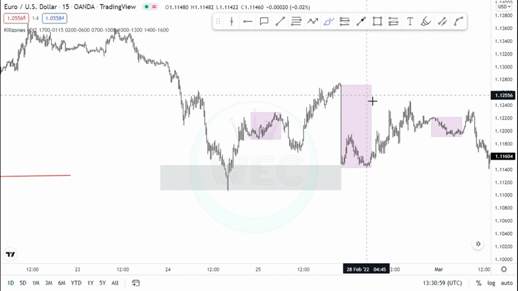Okay. The reason why I'm trying to differentiate the two is that normally when we talk about liquidity, we're looking at the common liquidity concepts, like maybe internal liquidity, double tops, triple tops. But when you're talking about advanced liquidity, we are talking of Asian highs and lows, the mid Asian ranges.